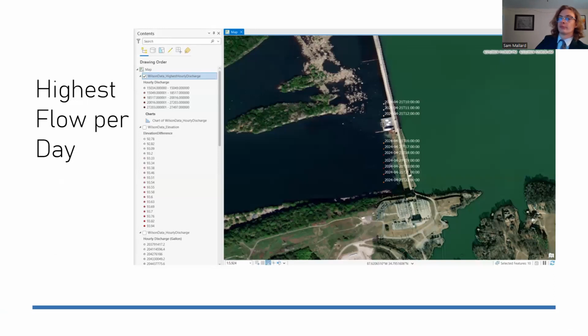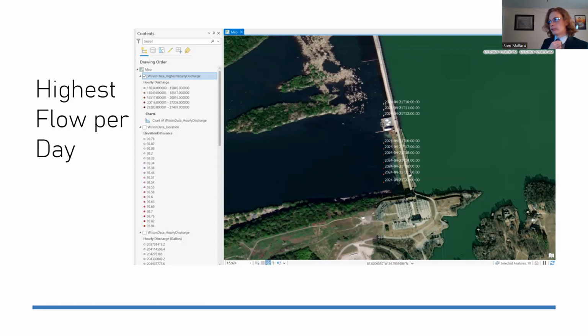And then for the highest slope per day, I used select by attributes, and I did 15,000 for the hourly discharge. This is cubic feet per second. That is important to note. And we can see that around 10 o'clock, as I've already mentioned, is when it starts getting higher and higher.